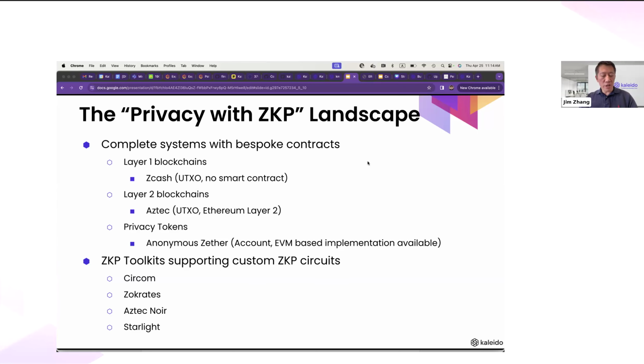So first off, Zcash. It's likely the very first blockchain with privacy, specifically for value transfer. Think of Zcash as Bitcoin, but with privacy. Why we say that is Zcash under the cover uses UTXO, which is what Bitcoin uses. It doesn't have any smart contract capability, which is also like Bitcoin.